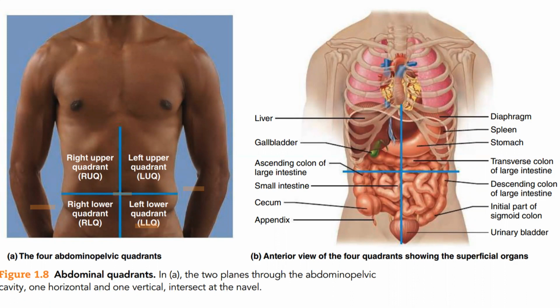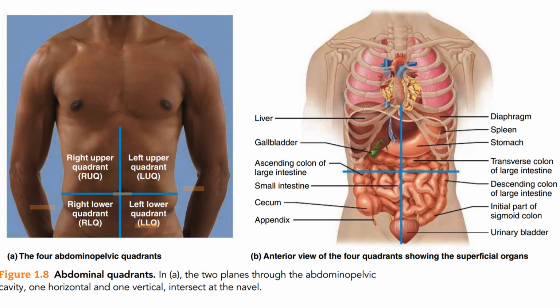We divide the anterior abdomen into 4 quadrants: right upper quadrant, right lower quadrant, left upper quadrant and left lower quadrant. This knowledge is important because you are going to relate the underlying intra-abdominal structures depending on which quadrant you are putting your palpating, examining hands.